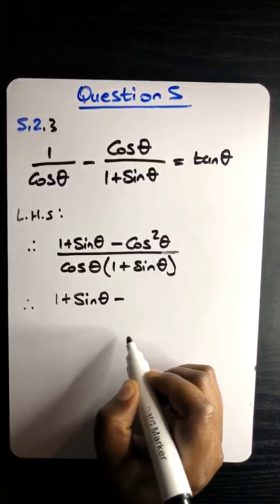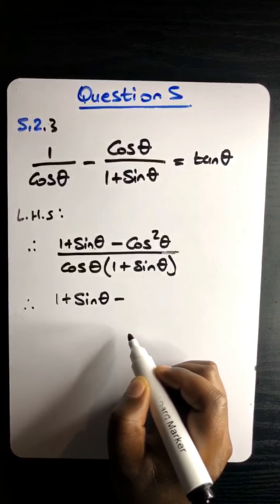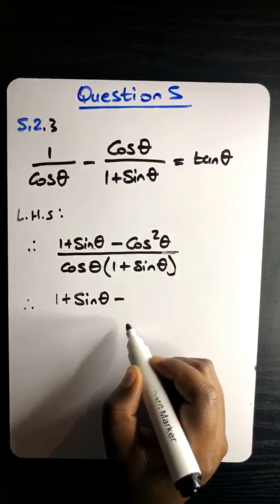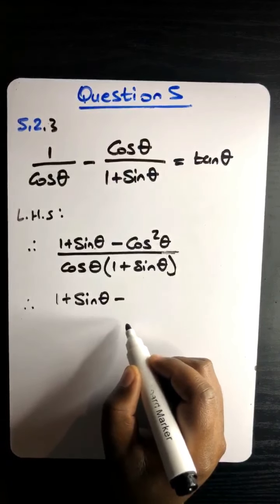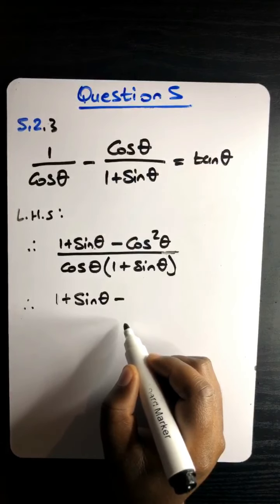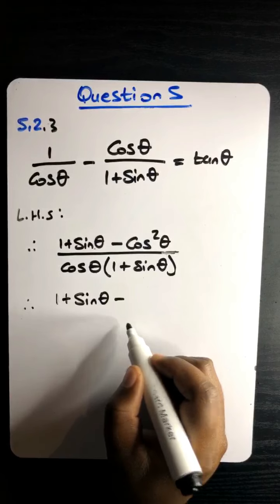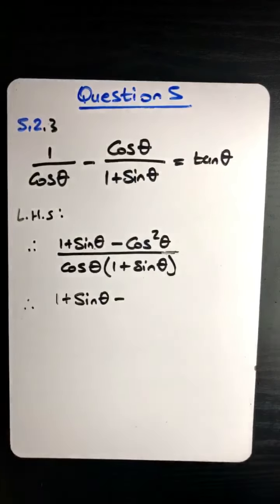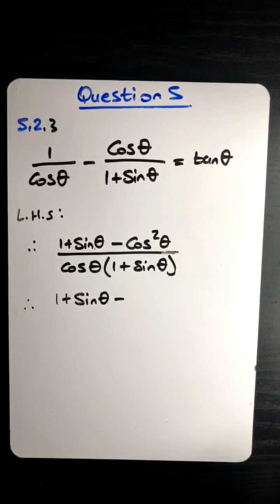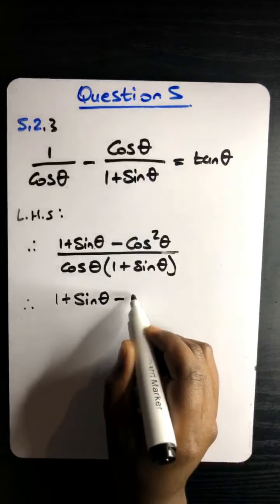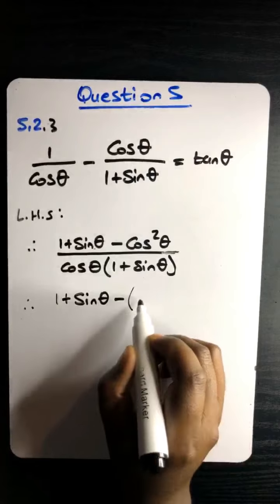Okay, so now we are having 1 plus sine theta. Then now, what do we do? I think we're going to change cos squared theta to one minus sine squared, or one plus sine.